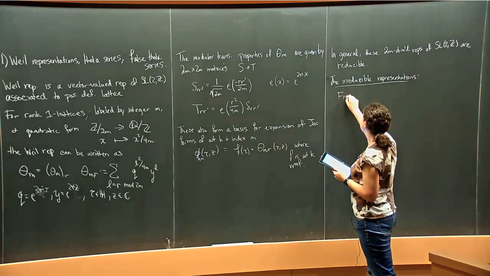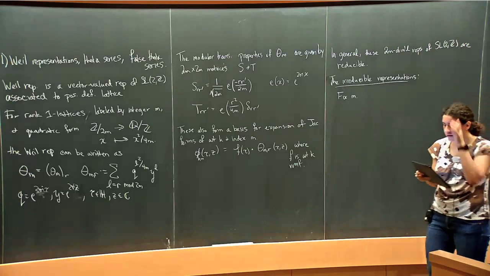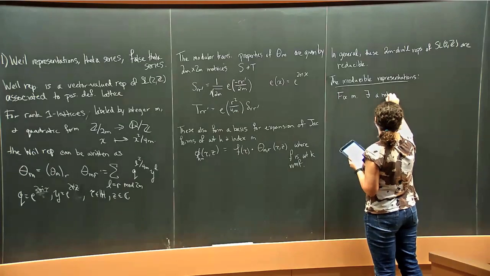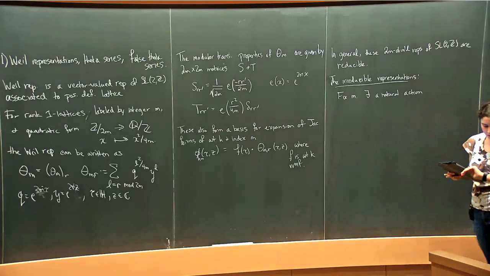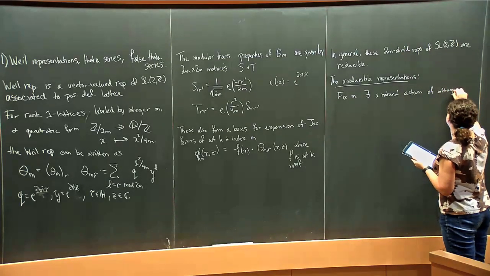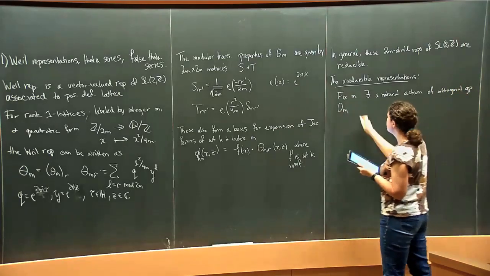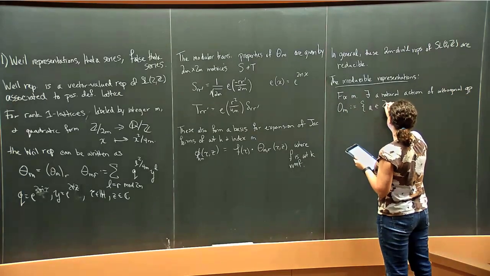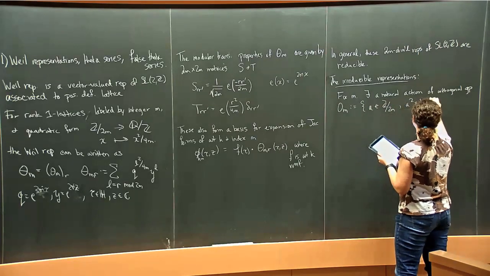One way is we'll start with a fixed m, and there turns out to be a natural action of the orthogonal group, which I'll call O_m, defined as the group of all elements A in Z mod 2m such that A squared equals 1 mod 4m.